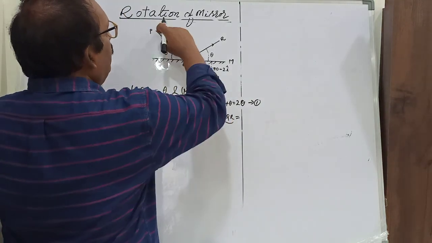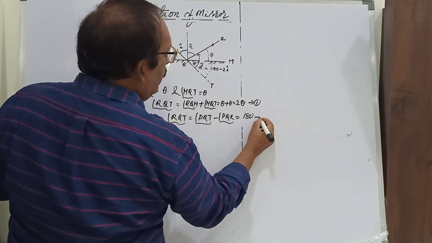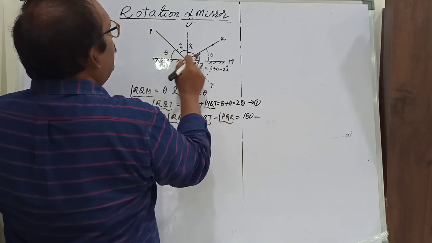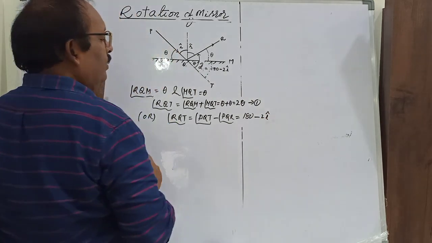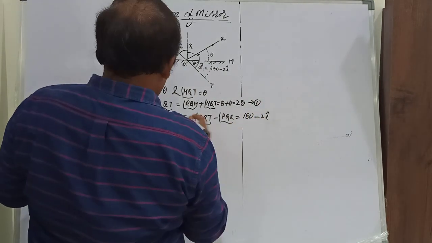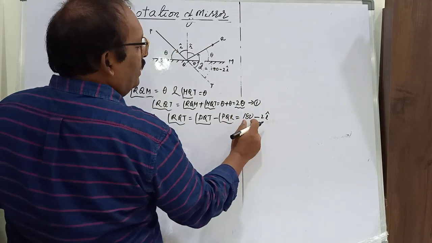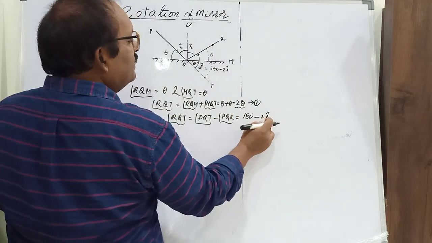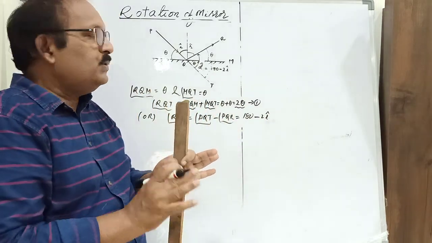What is angle PQT? It is 180 degrees. Minus what? PQR. What is PQR? It is i plus i, that is 2i. We can write that either this way, or in terms of glancing angle, or in terms of angle of incidence or angle of reflection. Till now it is okay.